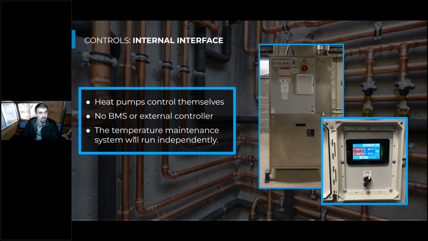And then with this internal interface, the temperature maintenance system will often run independently, blind to what the heat pump's doing, because they serve 2 different duties, so there's not really any use in the primary heat pump telling the temperature maintenance heater what to do. So they're kind of on 2 different islands in their control sequence and logic.